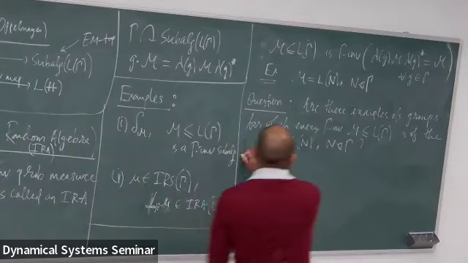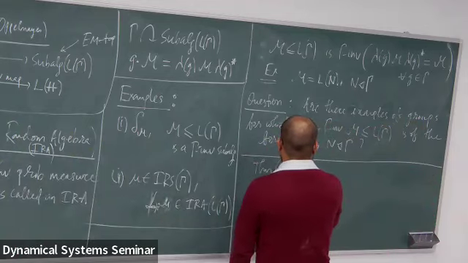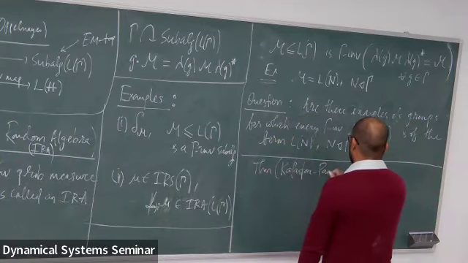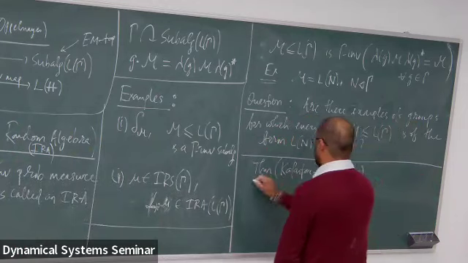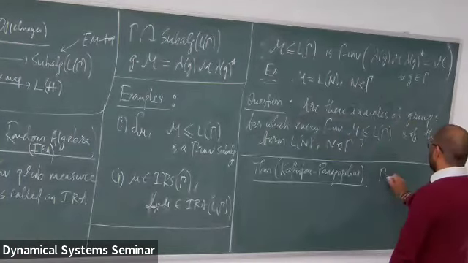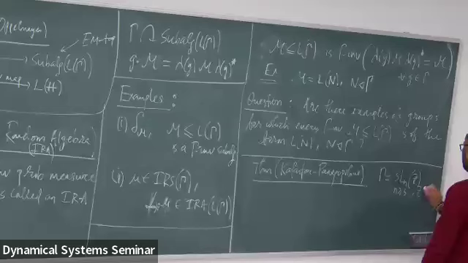And this is a theorem which says that gamma is SL_n(Z), n bigger than or equal to 3, and assume that the center of gamma is trivial.